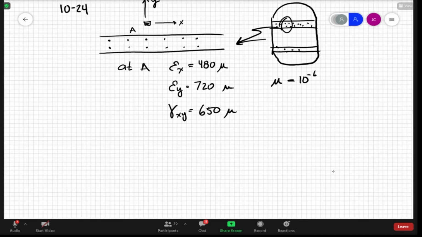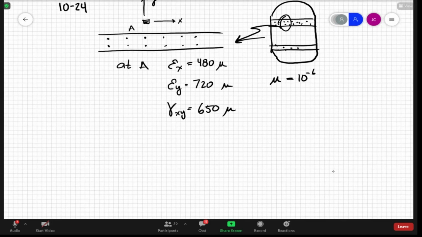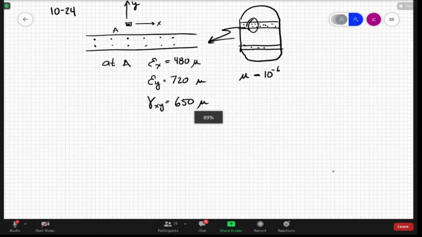All right, so let's look at Mohr's circle, all right? They want us to find the maximum shear strain in the XY plane and the absolute maximum shear strain. Okay, so let's draw a Mohr's circle on this one.